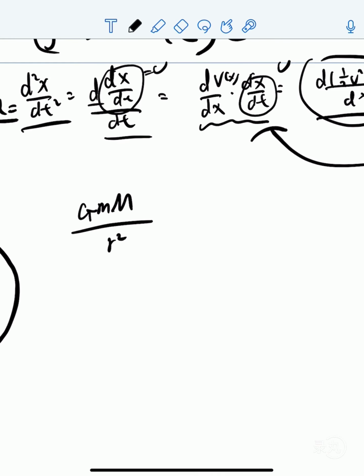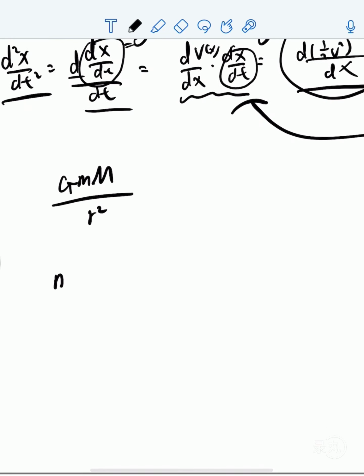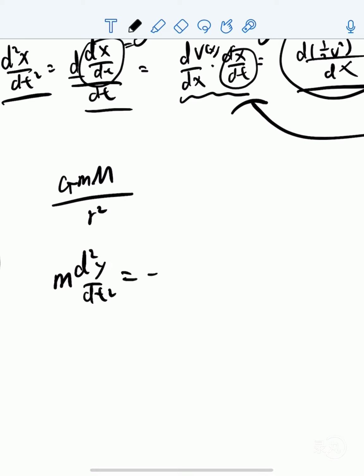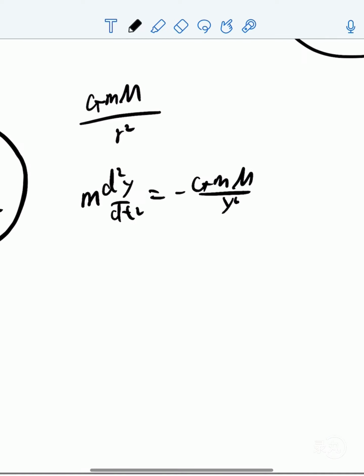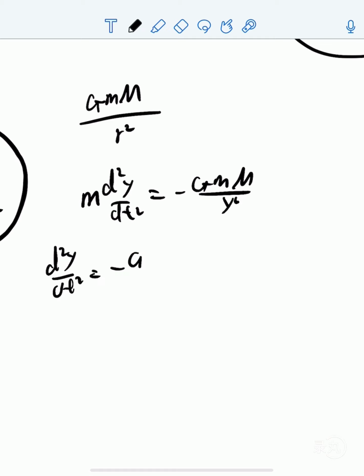So from physics knowledge, mass times acceleration is equal to the force acting upon it. So this is going to be m d squared y over dt squared is equal to GMm over y squared.